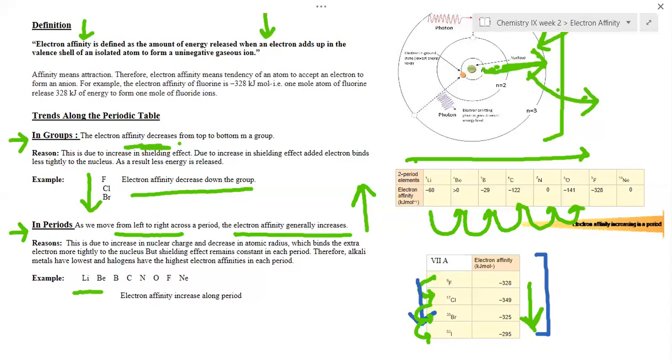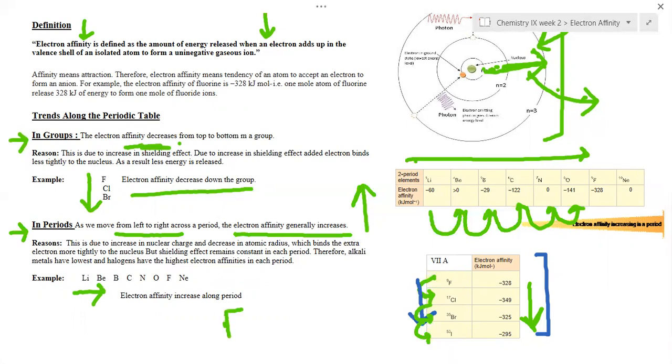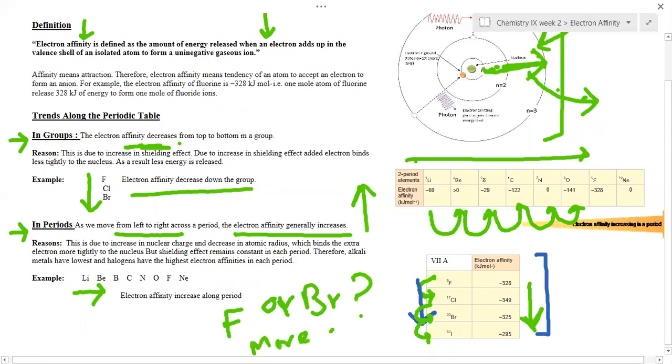For example, they may give you any two elements, along the group or along the period. For example, which one of them, fluorine or bromine, is having more electron affinity?